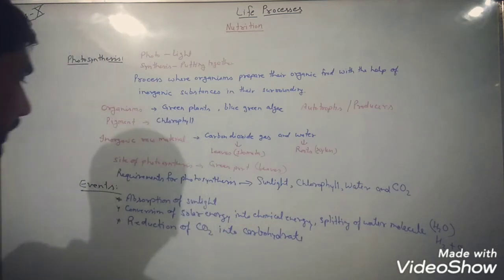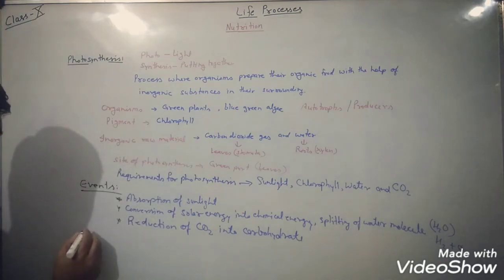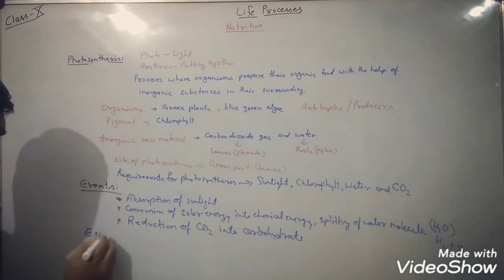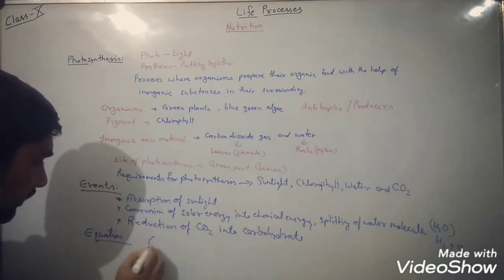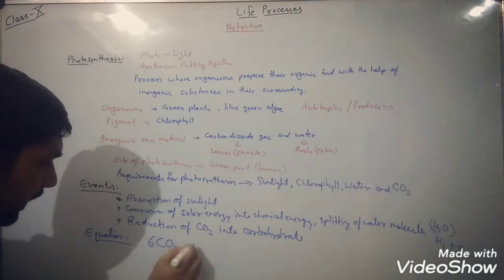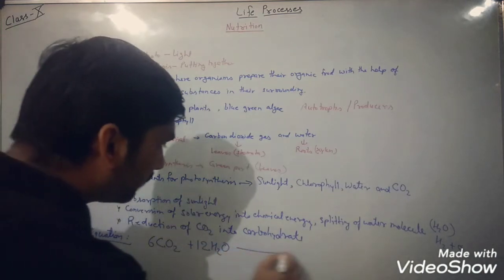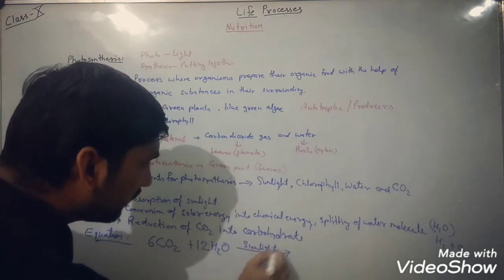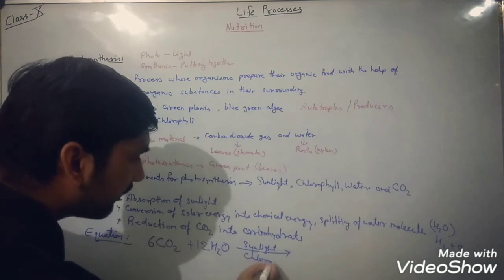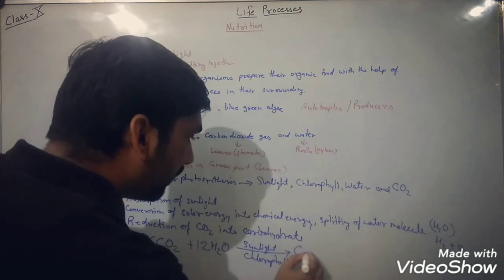So when we talk about the equation of photosynthesis, what is happening? The chemical equation of photosynthesis will be represented like this, in the presence of sunlight and chlorophyll, and finally we will get here what?